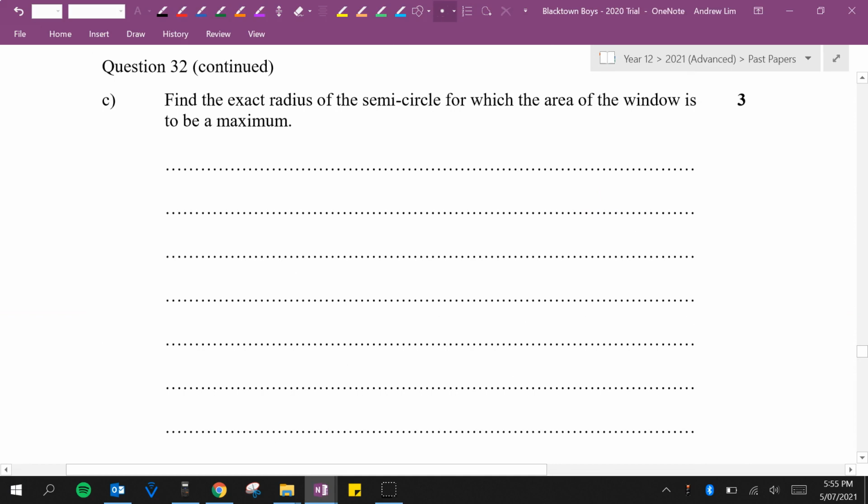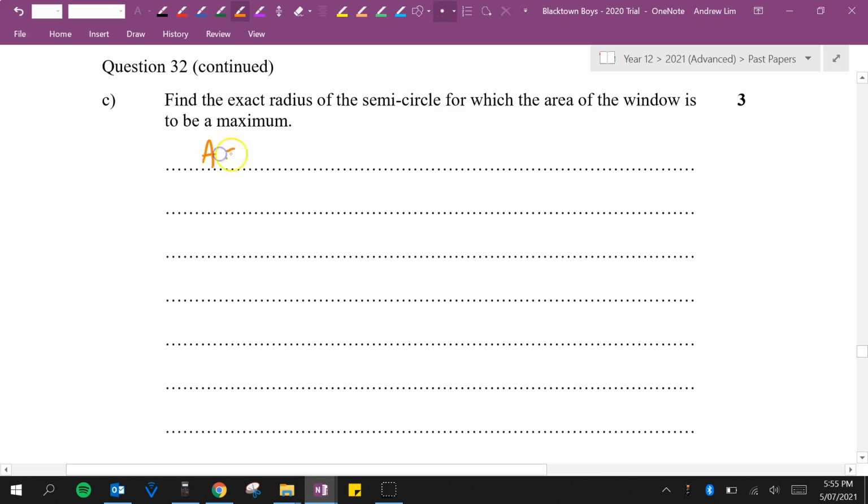Question C. Find the exact radius of the semicircle for which the area of the window is to be a maximum. So in order for the area to be a maximum, we need to work out the first derivative and make it equal to 0.